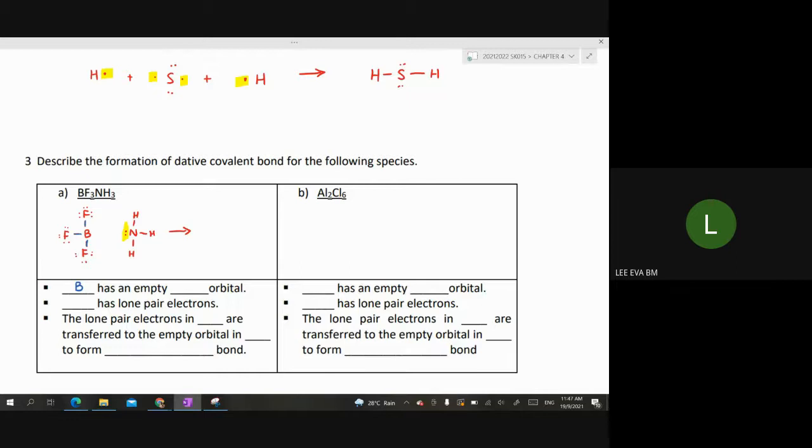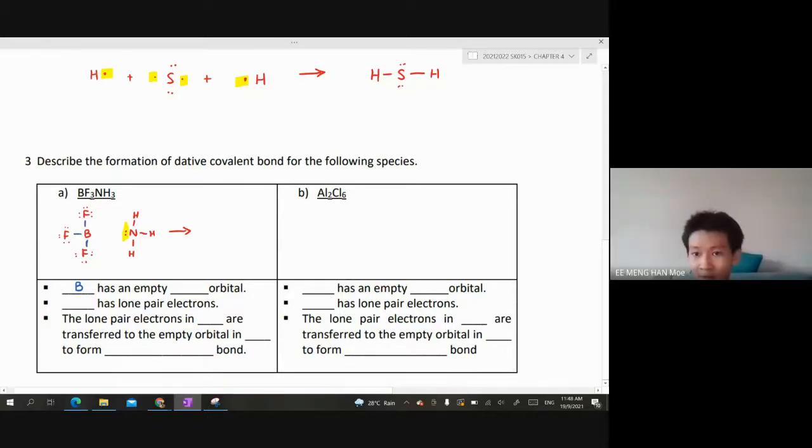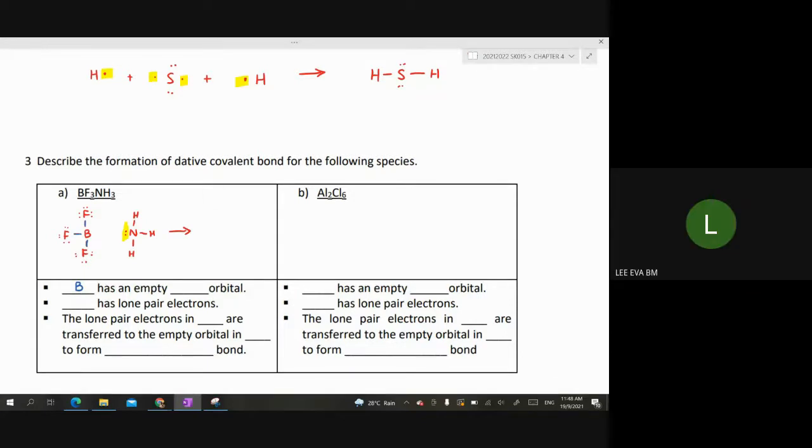So boron, what is the proton number? 5. Okay, proton 5. So we have 1s2, 2s2 and 2p1.